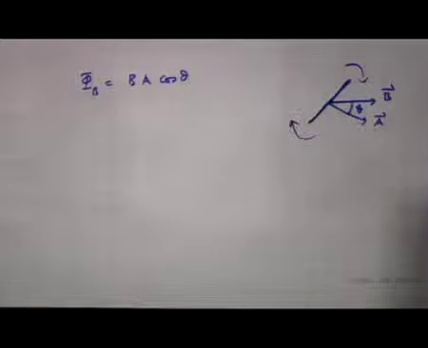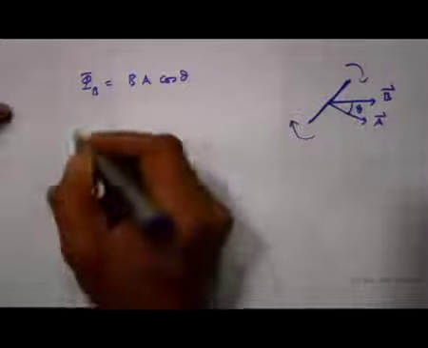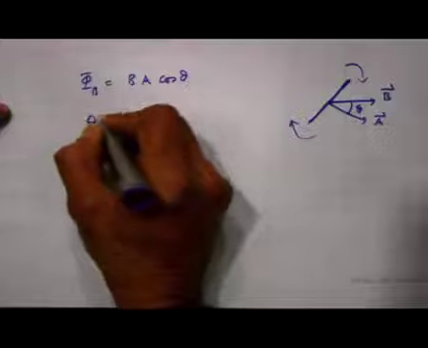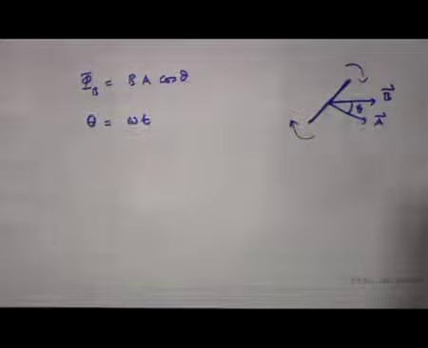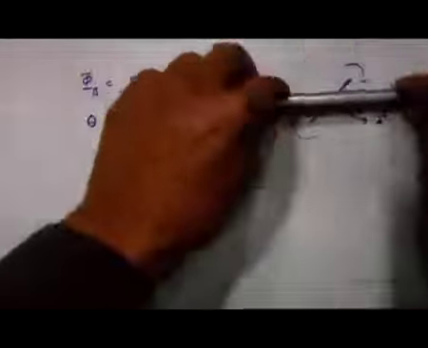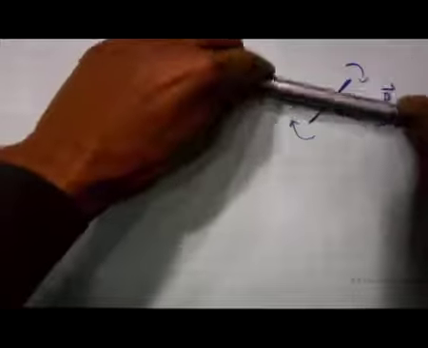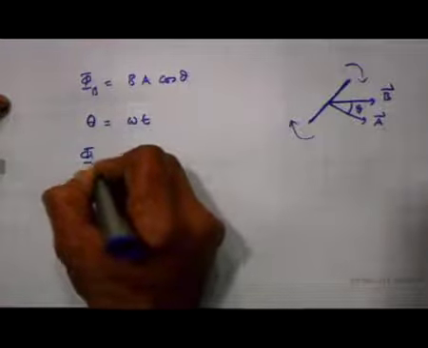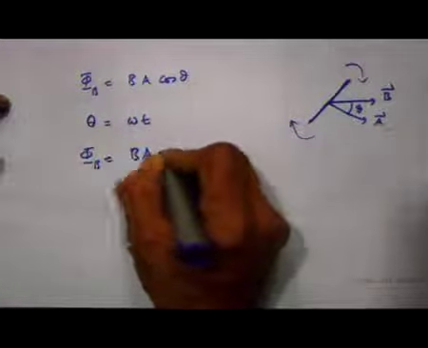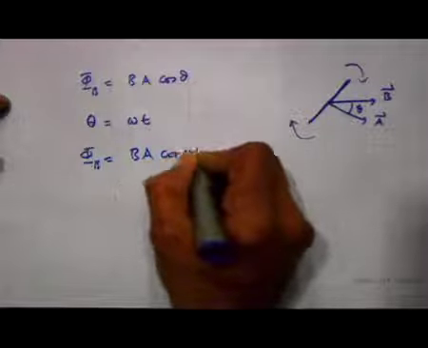Because the coil is rotating, theta will be varying with time; theta at any time will be omega t. It is a rotating coil. If I start from theta equal to 0 at t equal to 0, as time progresses theta keeps changing, and so the magnetic flux is given by B times A times cos omega t.